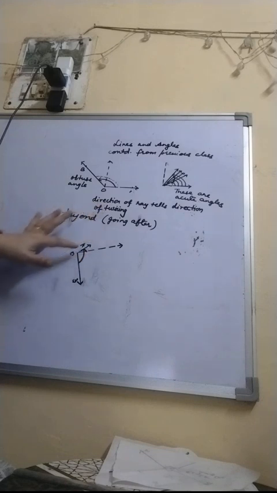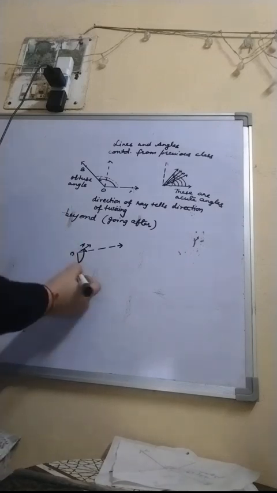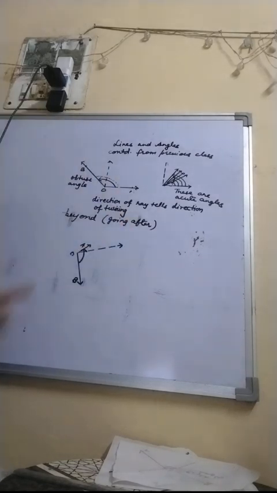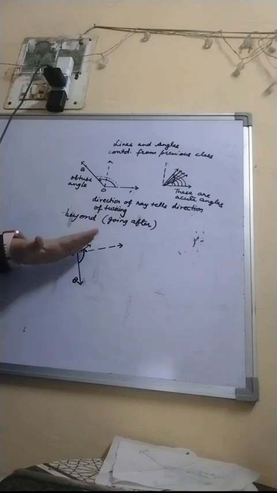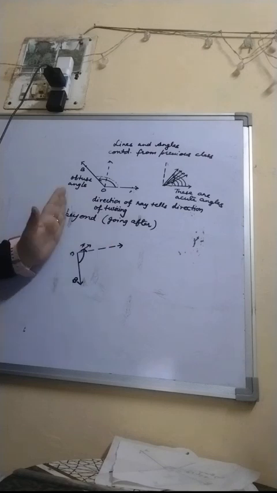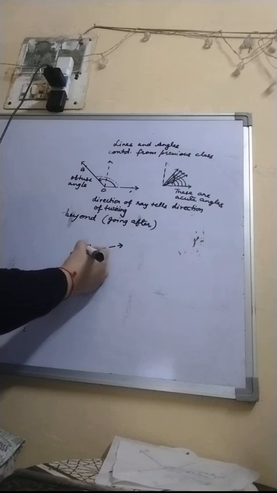It's your choice to make it or not. If by observation you are able to understand that this is an obtuse angle, then it is very fine. But if you get confused, then make the right angle first. And once you have made the right angle, then you would see whether the ray OA is inside or nearer to OB, or it is going far away from OB and going beyond the right angle.